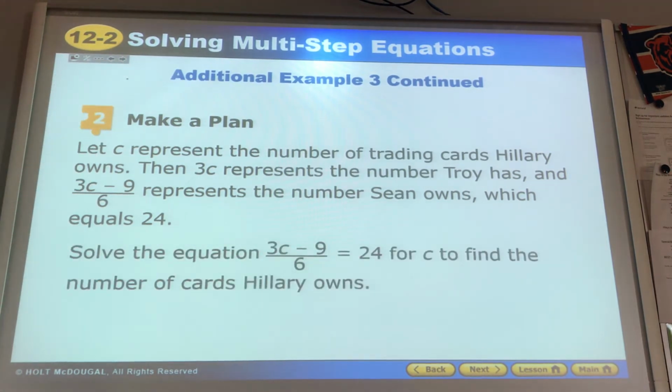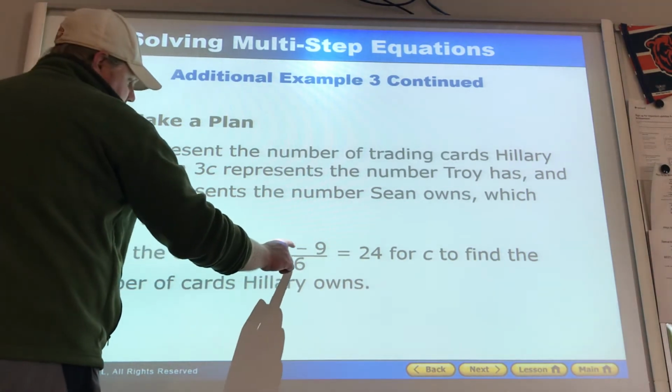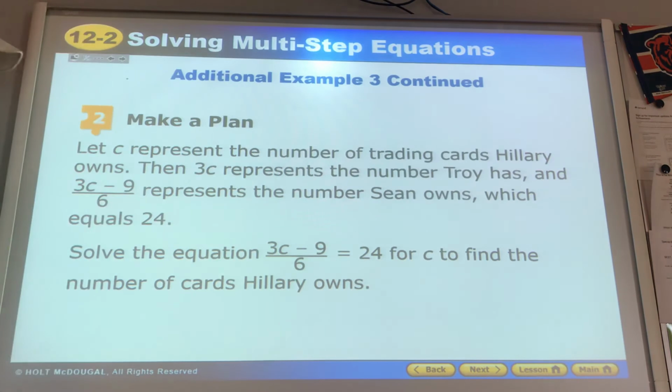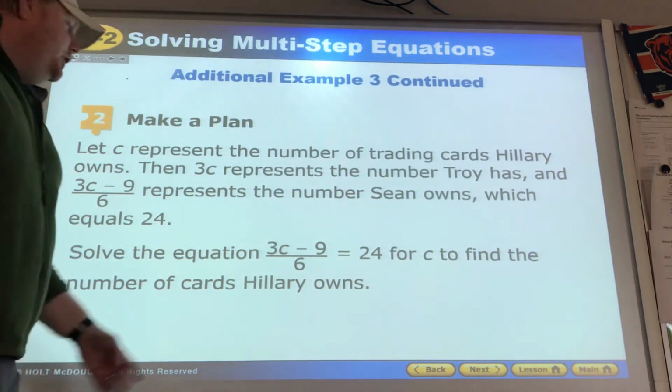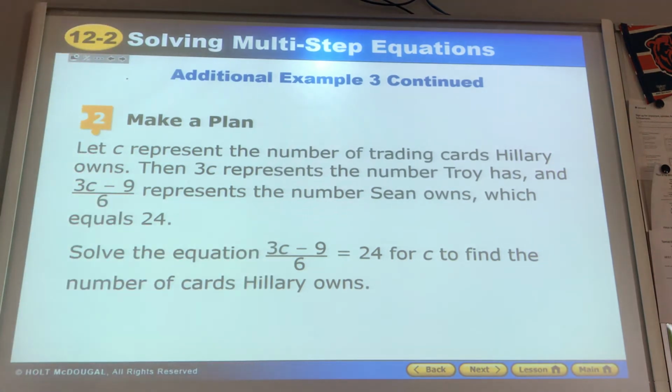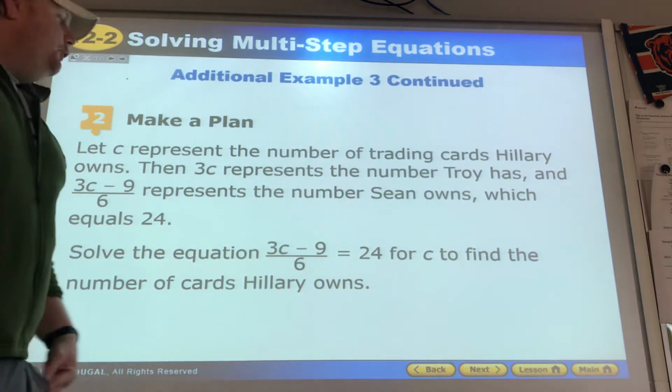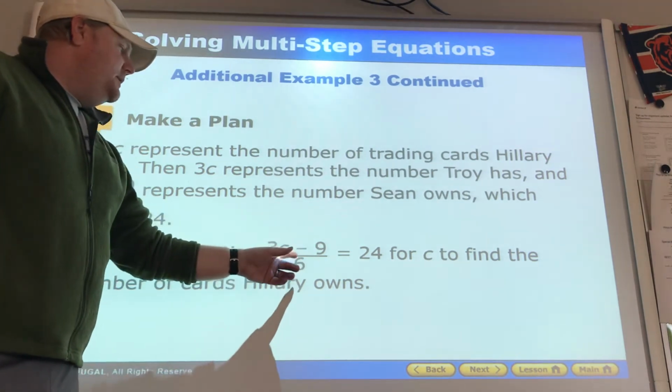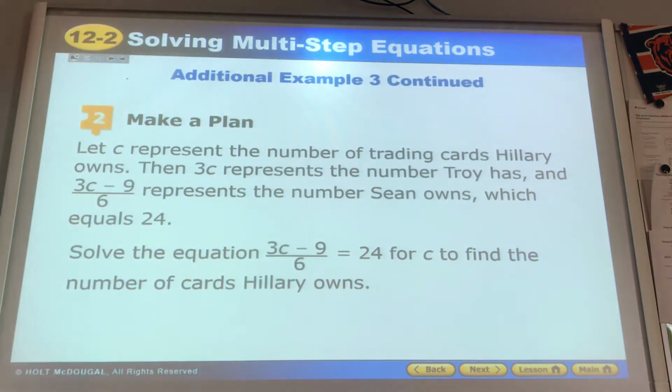So 3 times this minus 9 divided by 6 equals 24. The number of cards that Troy has is 3 times what Hillary has. Now, if we subtract 9 from that and divide by 6, we get 24.